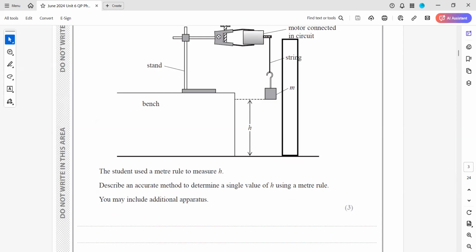That is an important thing. Then the ruler should be placed next to the mass which we want to measure the height from. And for the accurate position, we can use a set square. So we can use a set square, place a meter rule next to the mass, and use the set square to accurately measure this.